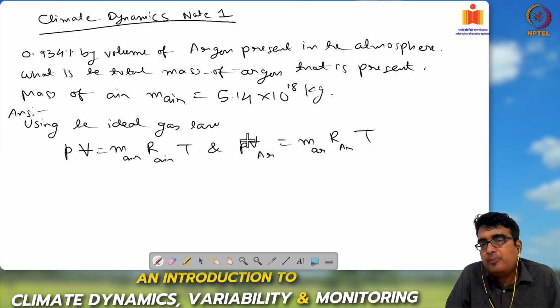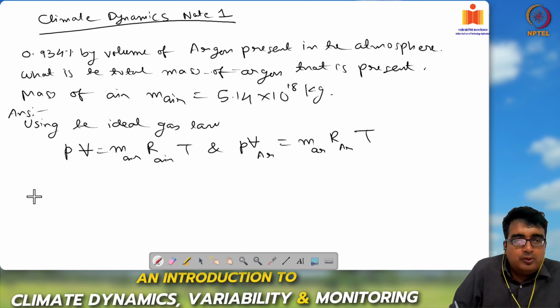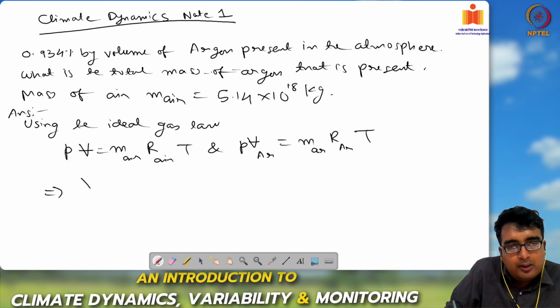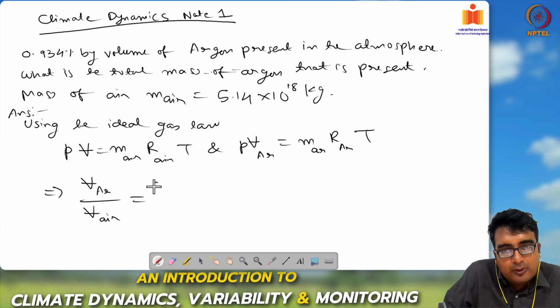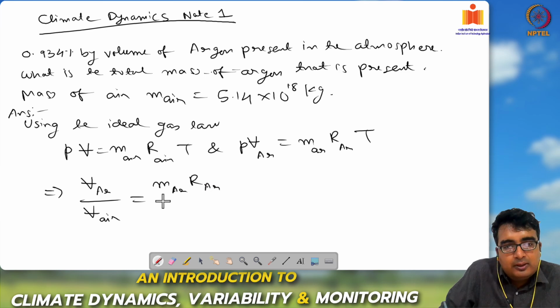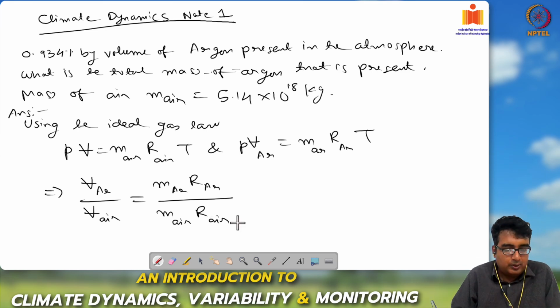The pressure into the partial volume of argon equals to mass of argon, gas constant of argon into the temperature. Alright. So if we divide these two, we get V of argon by V of air is equals to, the pressure cancels out, so mass of argon, gas constant of argon by mass of air into gas constant for air.